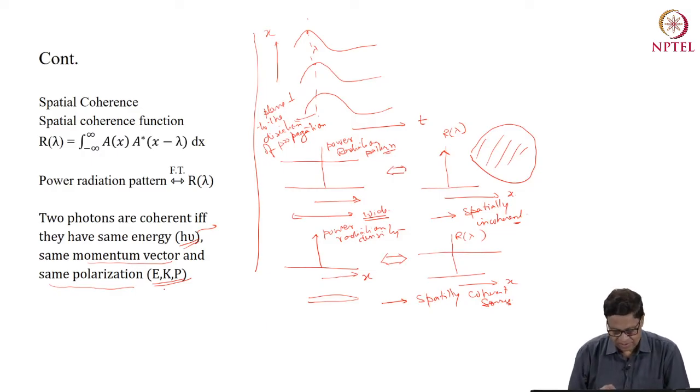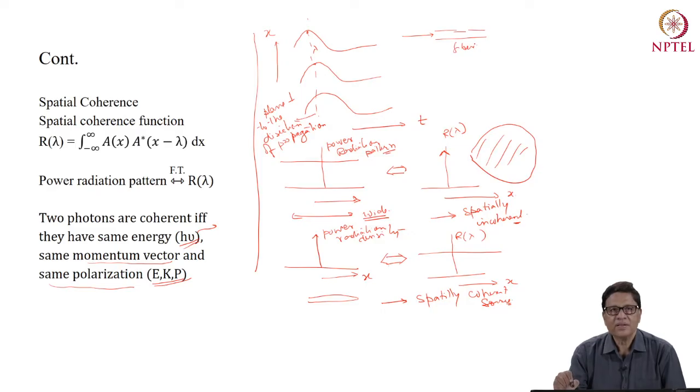The benefit of spatial coherence is that the light is in one direction, so you can couple maximum light into the fiber. And if you have, for example, a free space link with the receiver here, you want all the light to get focused on the receiver.